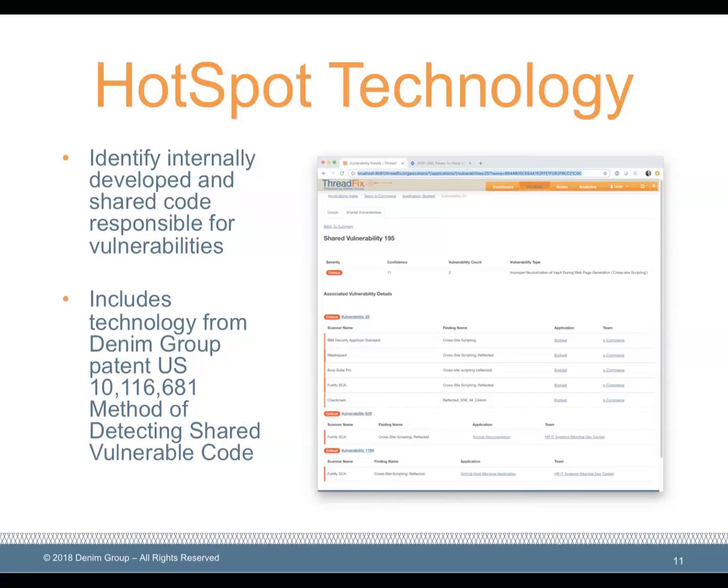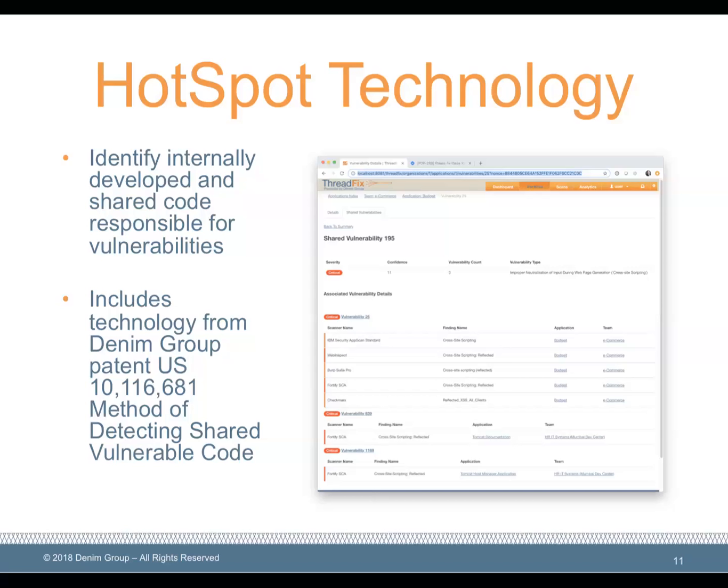If you think about the way that a Sonatype or a Black Duck identifies that you're using an open source component that has known vulnerabilities, ThreadFix's HotSpot technology identifies those situations, but where you're dealing with internally developed code, where teams inside your enterprise are developing code and sharing it with other teams.